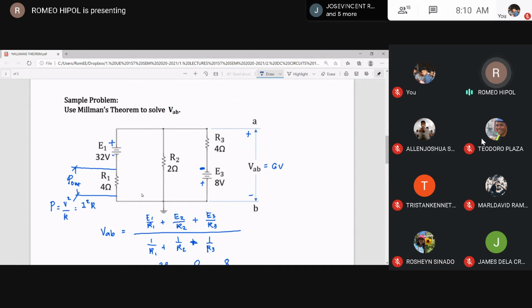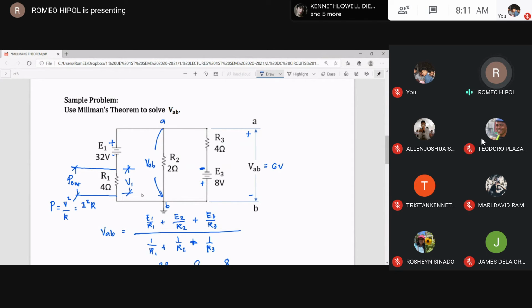Okay. So in this case, to get the voltage across resistor 1, we're going to get the difference between the terminal voltage AB and the supply E sub 1. Initially, if this is terminal A and terminal B, we have a terminal voltage, VAB.